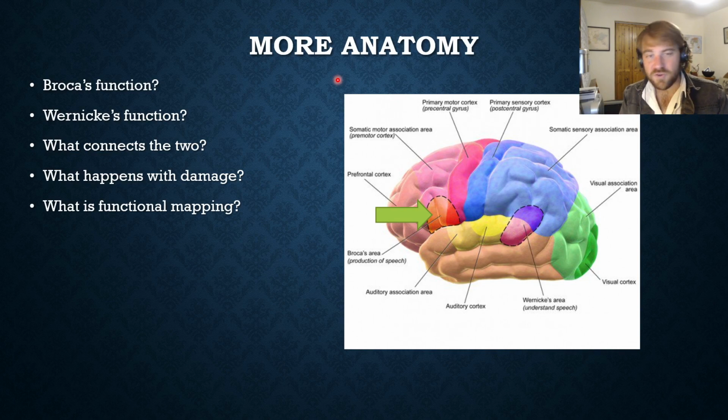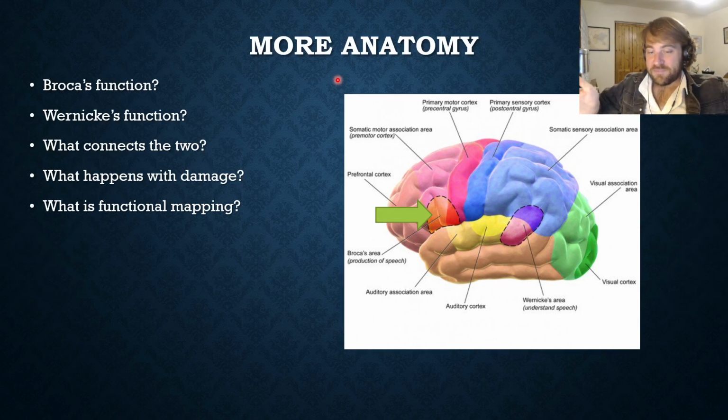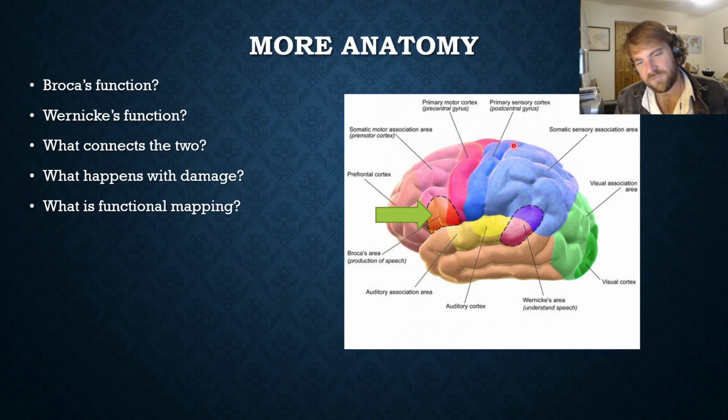And what is functional mapping? Functional mapping just means the brain is mapped out in accordance with function. So examples of that are here in the primary motor cortex and the primary sensory cortex. Remember that if you look up here, this is about the knee or foot. Now foot is down in the middle.